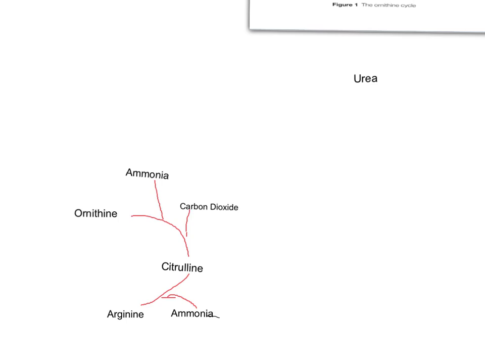Okay, and the arginine is then converted back to the starting substance, ornithine. But in doing so, we end up producing a molecule of urea. Okay, and that's called the ornithine cycle.